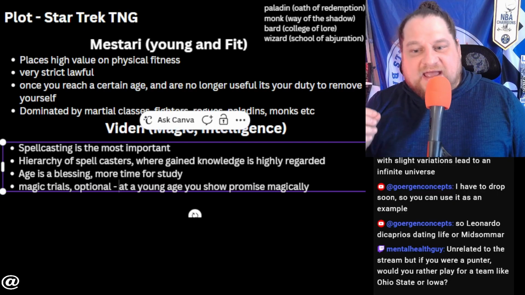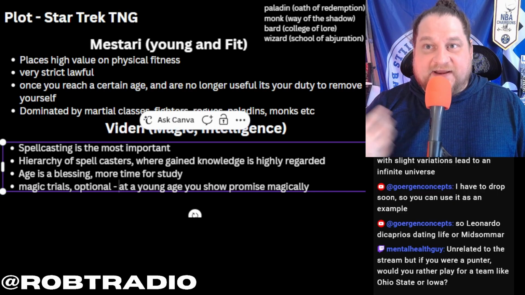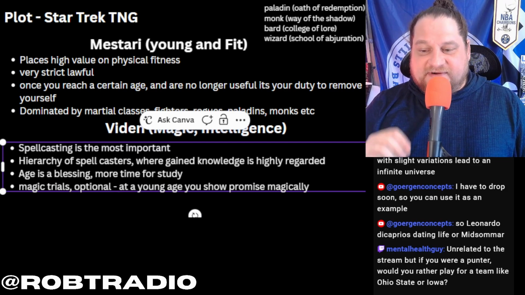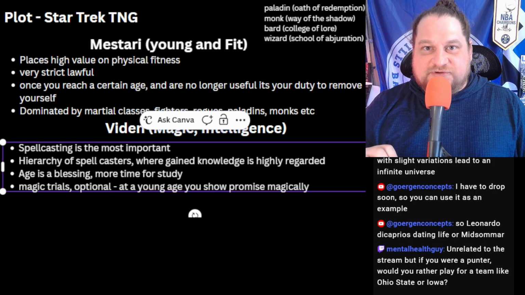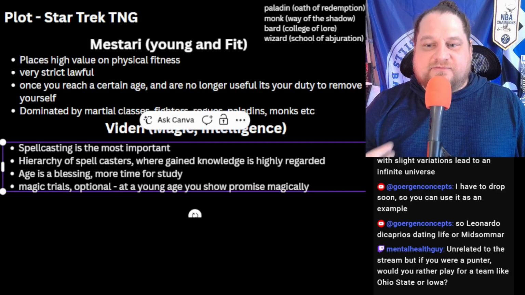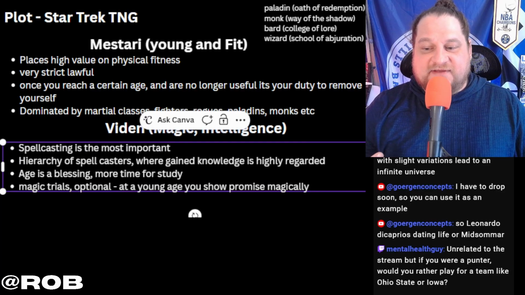So at a young age, you get put into magic school, right? And that's optional. You don't have to put yourself into magic school. But if you do and you go there, if you show magical promise, they'll pay for everything, they'll teach you, and your life will be about whatever magical promise that you have.